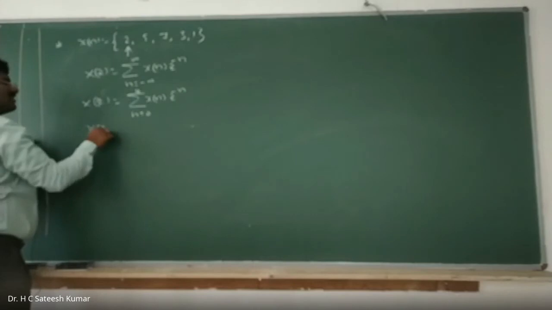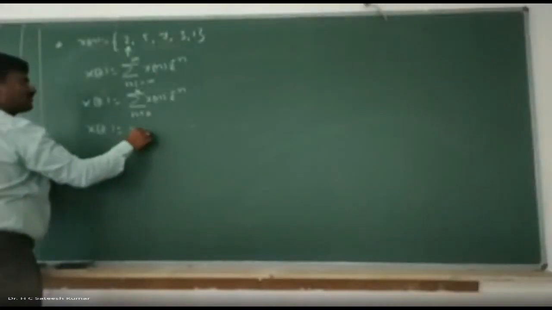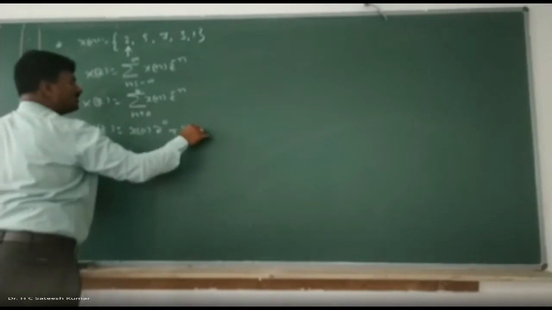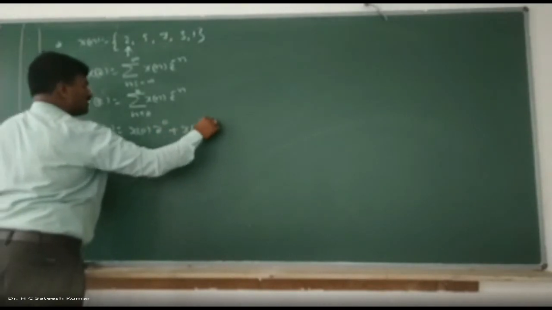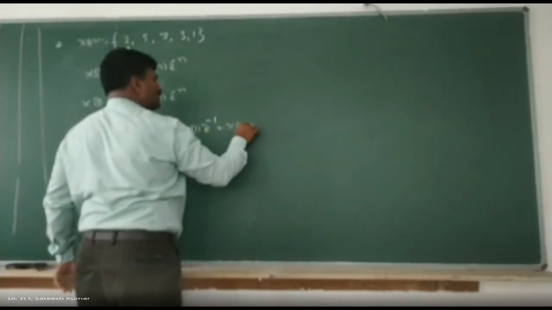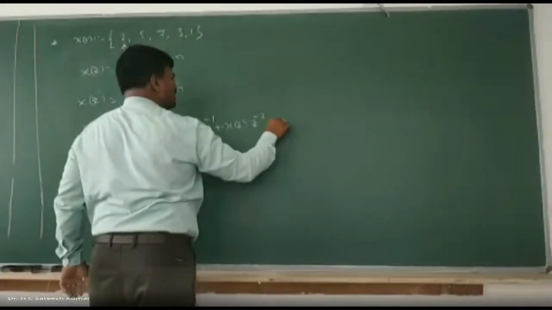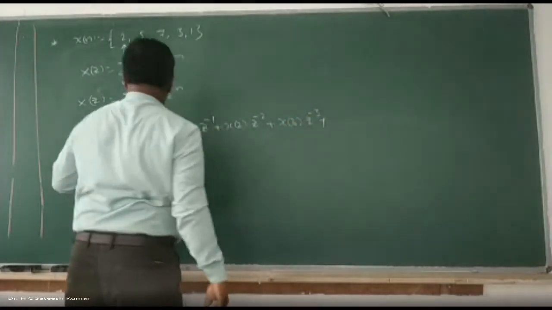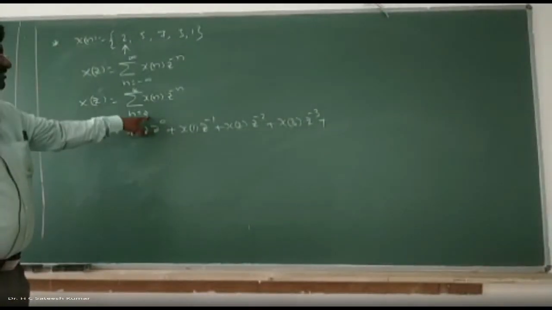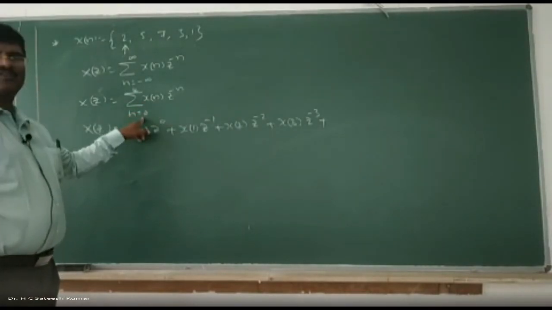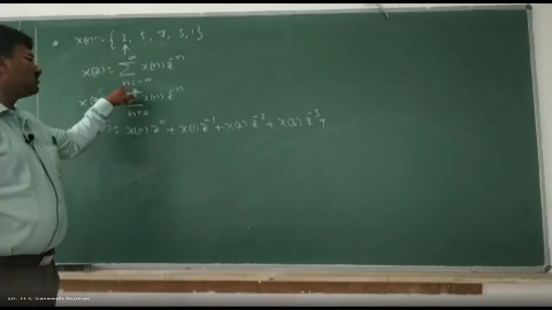X of z is equal to x of 0 into z to the power of 0, plus x of 1 into z to the power of minus 1, plus x of 2 into z to the power of minus 2, plus x of 3 into z to the power of minus 3. I am giving the values for n. Summation is nothing but adding the function for different values of n, from 0 to 4.